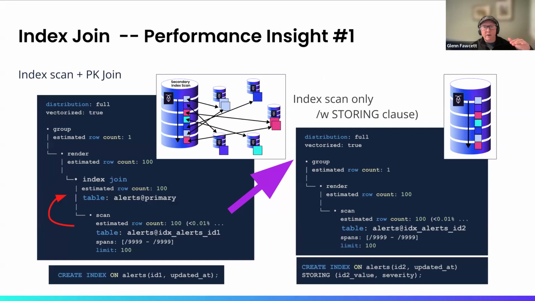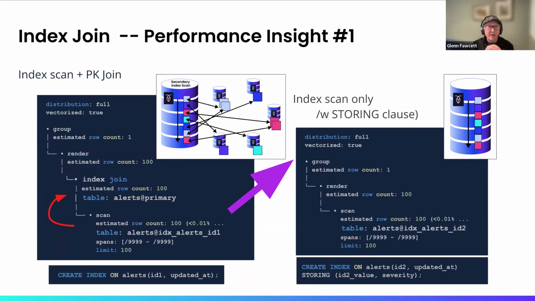The very easy solution is to use the storing clause to store extra values in the index, such that you can scan and do essentially one read. In this example, I'm doing a scan, and at the very bottom where it says limit 100, I'm scanning 100 rows, and essentially with read ahead and everything, that's going to be one, maybe two reads on that index.